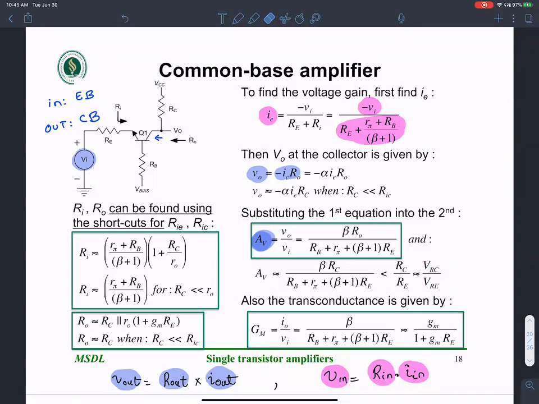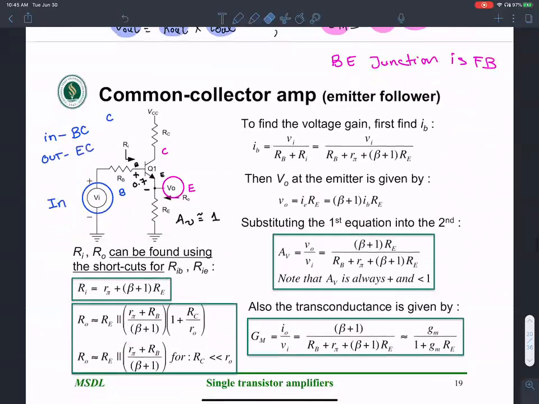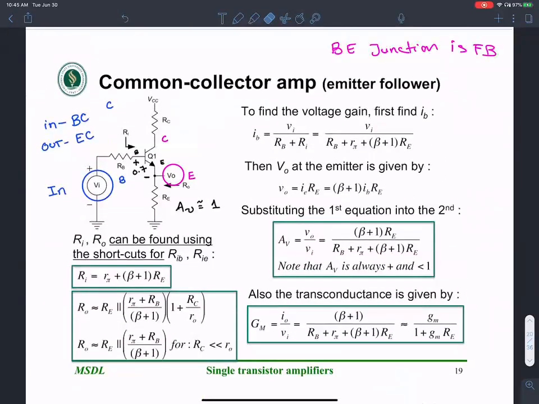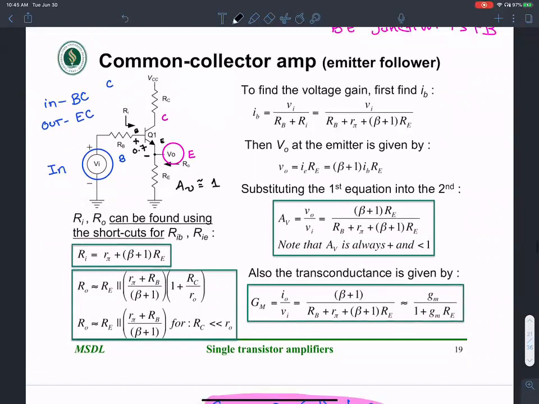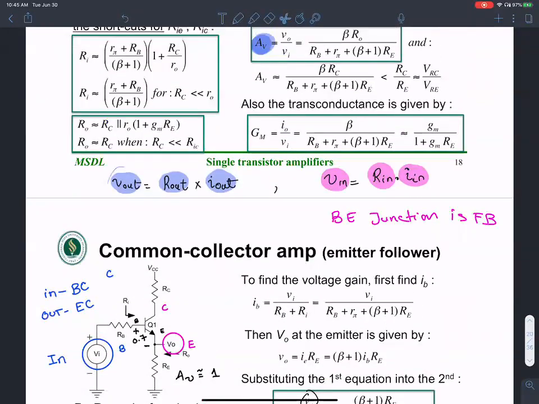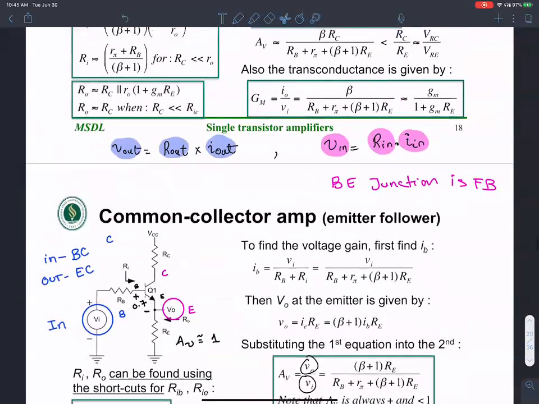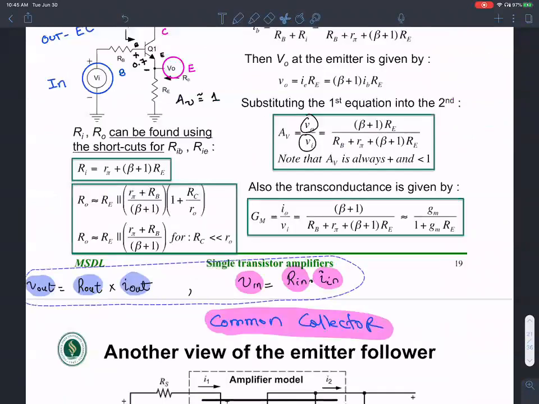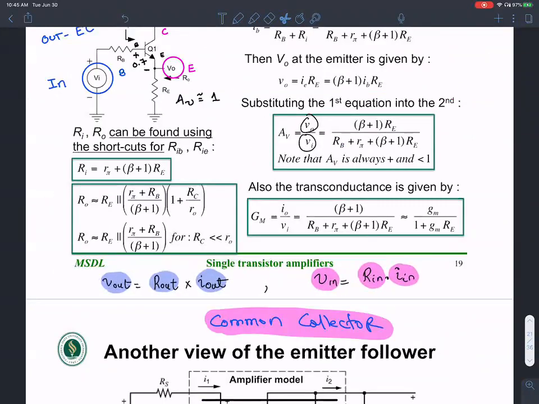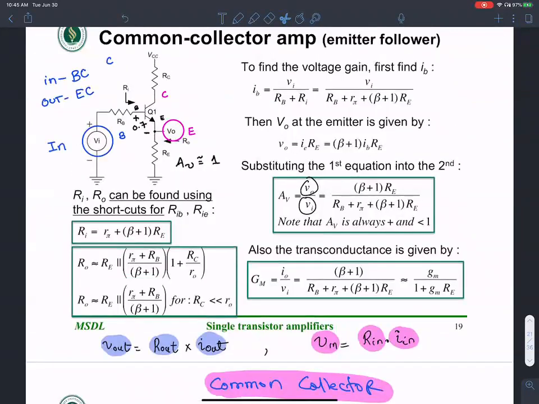Let's look at the common collector amplifier gain as well, or the source follower. Even in this case, the gain is V output over V input, and the exact same thing applies. I am going to simply duplicate it here. The V output is R output times I output. Where is the output now? The output is on the emitter.